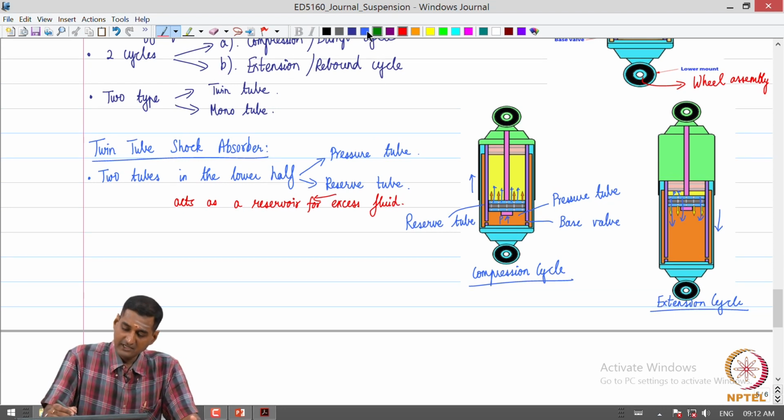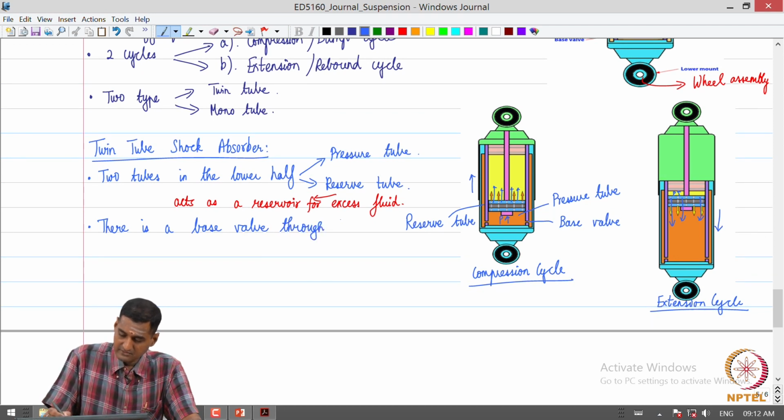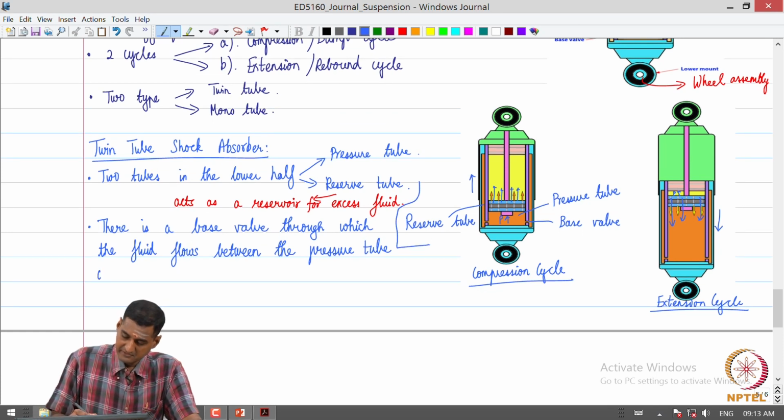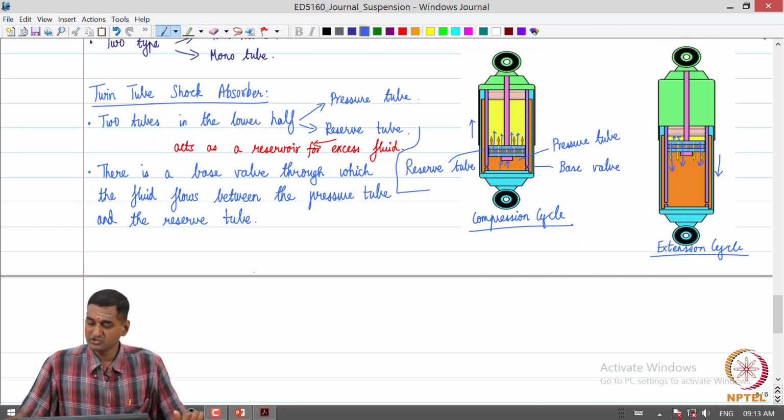There is a base valve through which the fluid flows between the pressure tube and the reserve tube. So these are the main components and operation of a twin tube shock absorber.